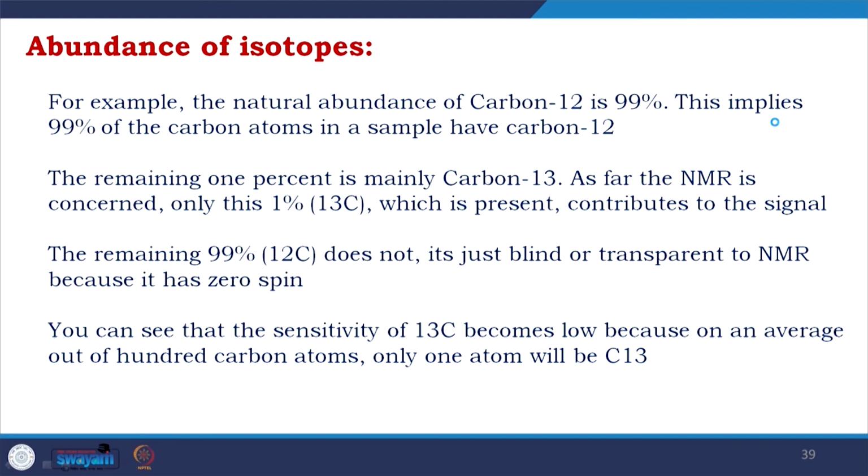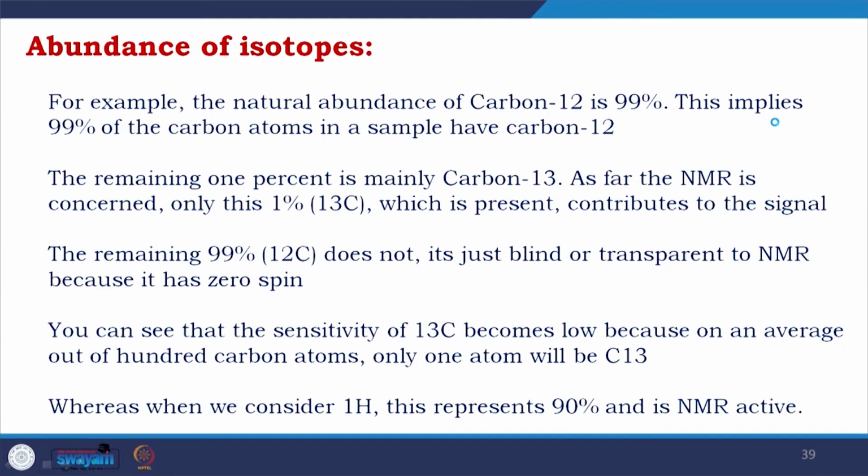Because of that, when you are using carbon to study NMR, you get a very low intensity signal because of the less presence of C13, and that is called abundance. Whereas, as I told, when we consider 1H, it represents about 99% and is NMR active.